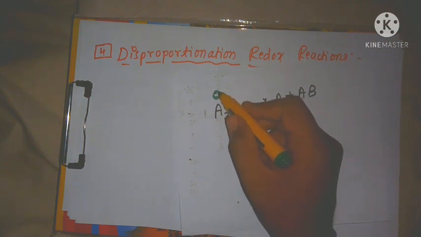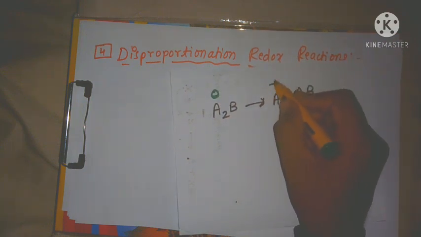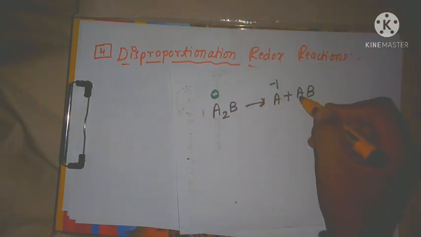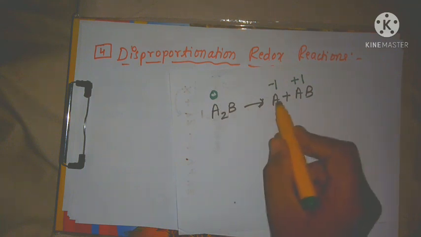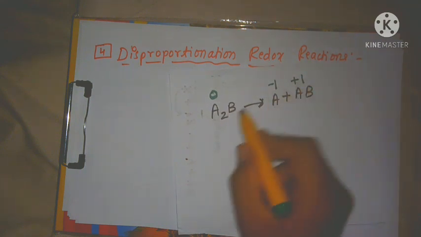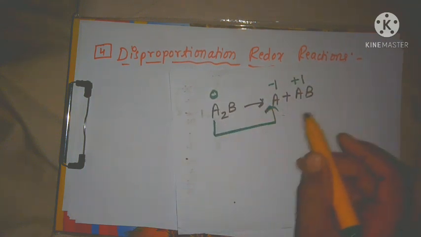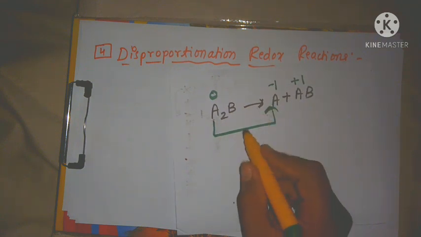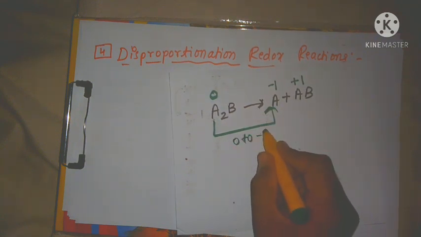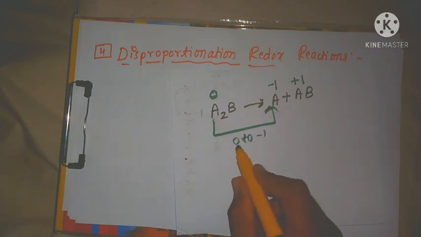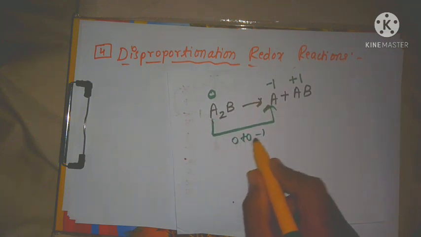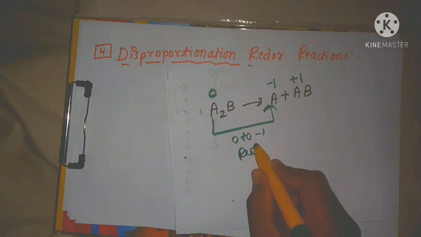In the first product its oxidation number changes to -1, and in the second product it changes to +1. That is, the oxidation number of A here is 0, here -1, here +1. It is changing from 0 to -1, so the oxidation number is decreased. Therefore we can say that it is a reduction.